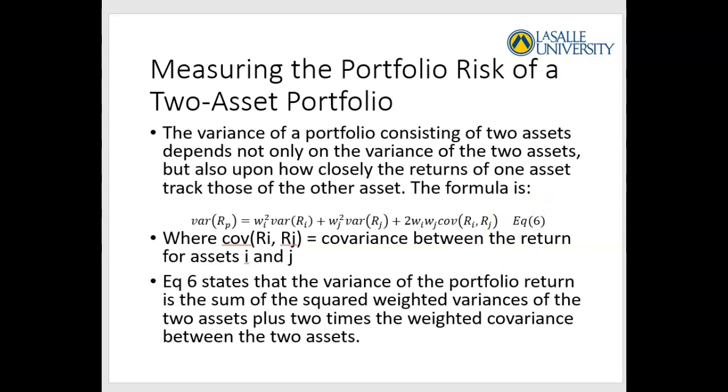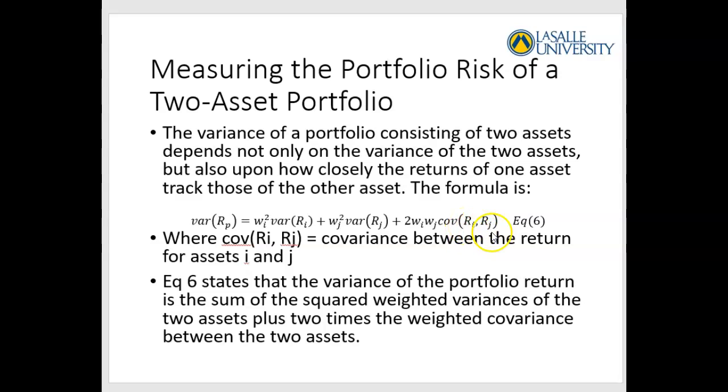So we're going to deep dive into what we mean by covariance, but just to introduce covariance, it basically helps you understand how Ri and Rj move when the other stock changes values. So if you have a positive covariance, then it means Ri and Rj change in the same direction.